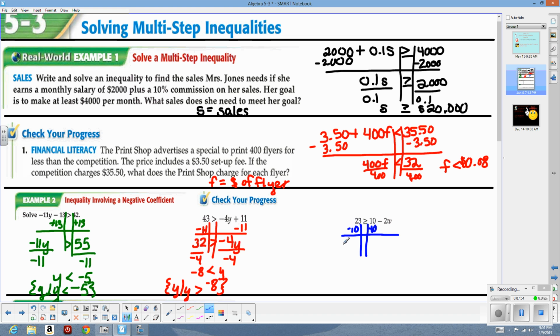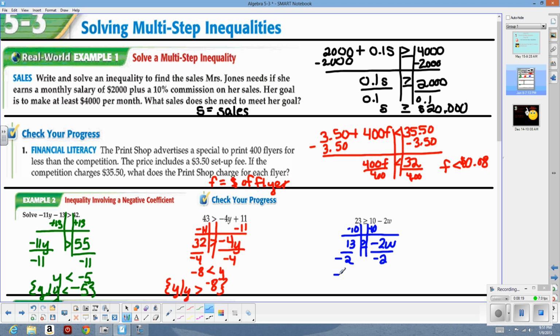23 take away 10 is 13. So 13 is greater than or equal to, and then it's not just 2w, it's negative 2w because it's minus 2w, and subtracting 2w is the same thing as adding a negative 2w. Now we're going to divide both sides by negative 2.